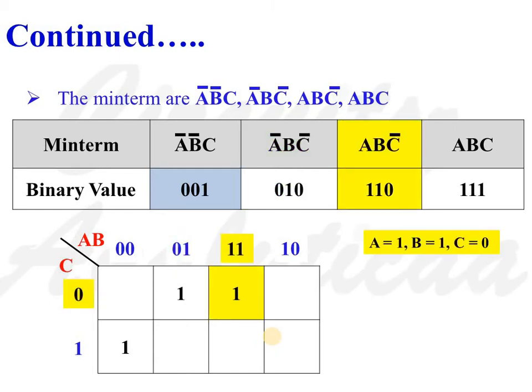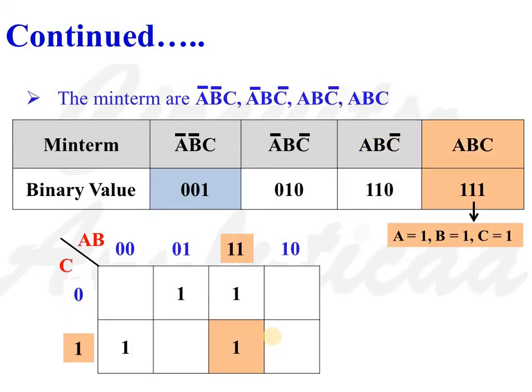Next minterm is A B C bar whose binary value is 1, 1, 0. In the K-map, locate that cell whose binary value is 1, 1, 0. As we want to map minterms, fill that cell with logic 1. Last minterm of the given expression is A B C. Binary value is 1, 1, 1.